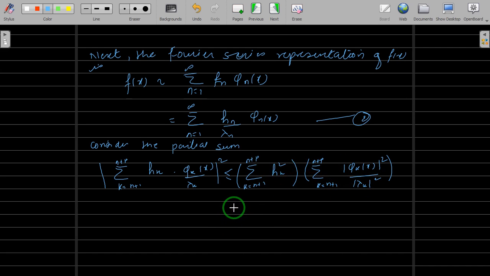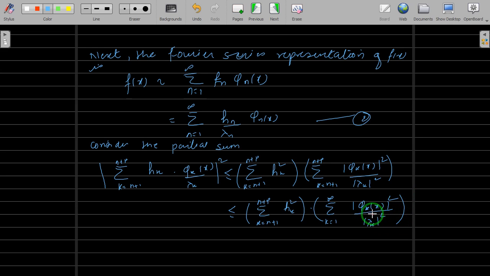We keep the first sum as it is, and write the second as the summation k from 1 to infinity of mod phi_k of x the whole squared divided by mod lambda_k the whole squared.